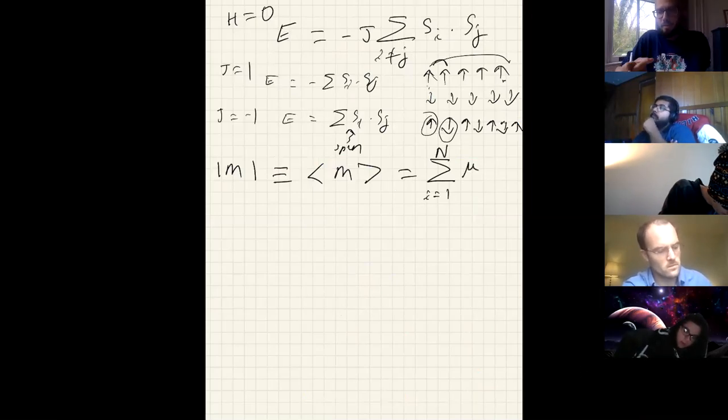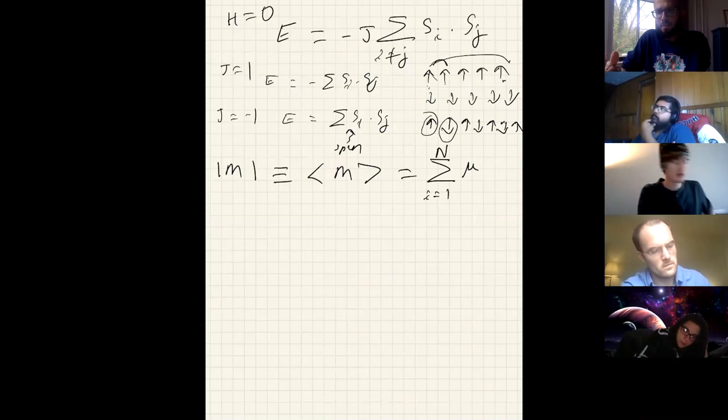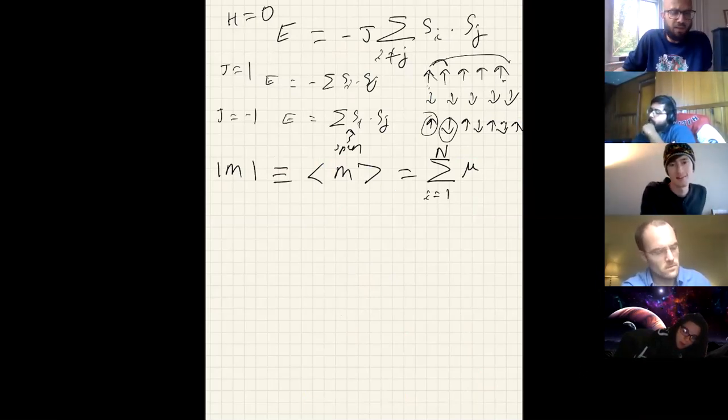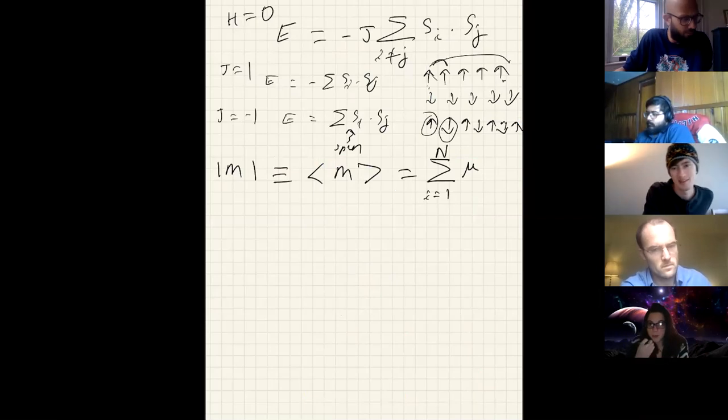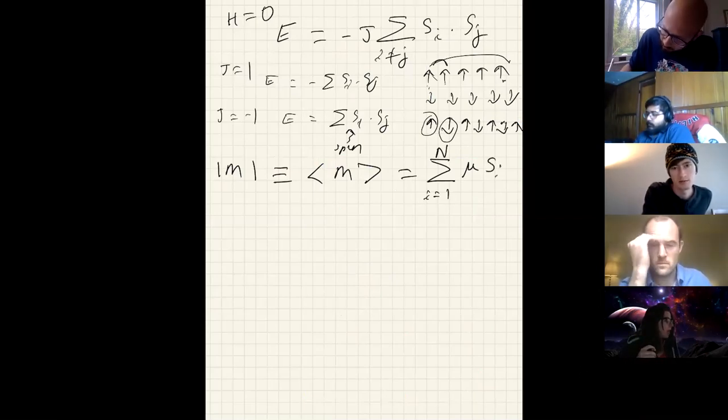That's the unit, whether it's a little magnet or a big magnet, it's kept the same everywhere. So in principle, we don't even have to worry about mu, but we keep it because it's nice, and it plays a role later, multiplied by the spin.